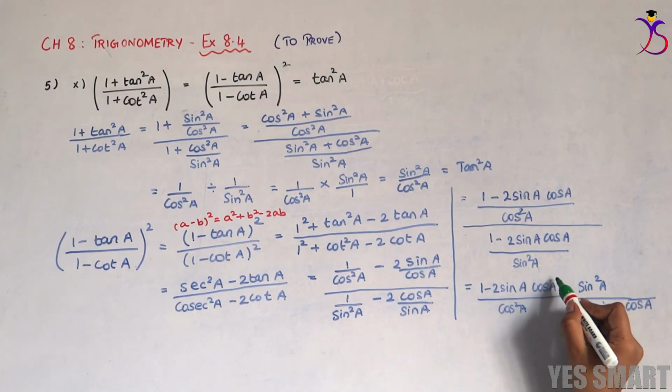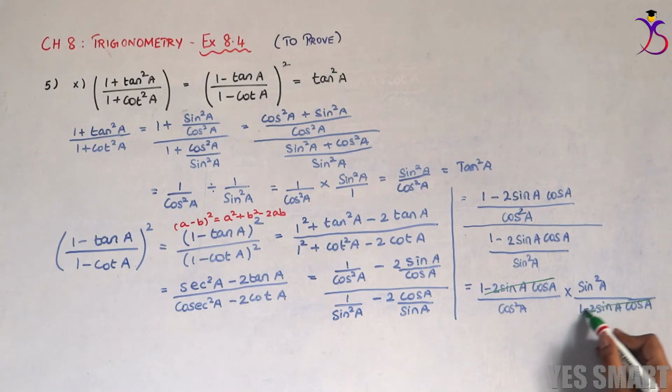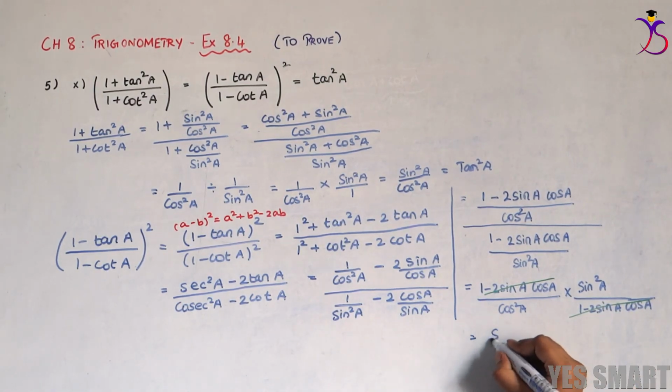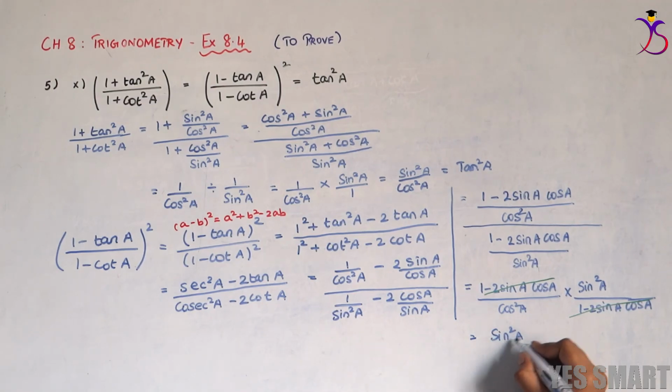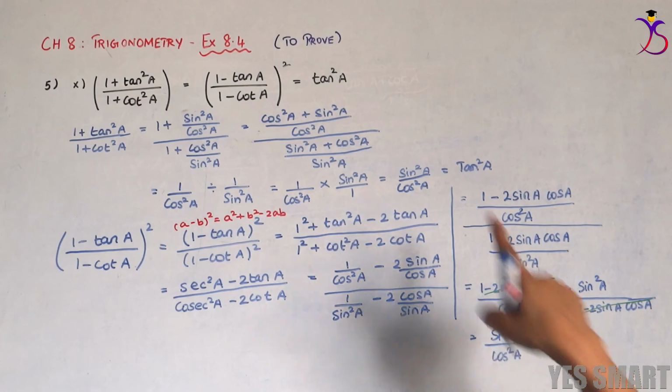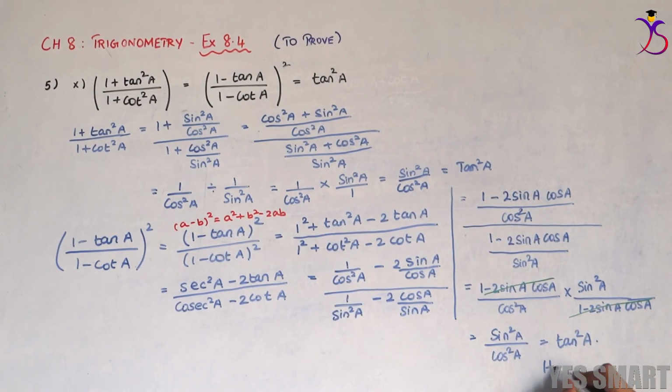Now the numerator and the denominator get cancelled because it is the same term. So on further multiplication we will have sin square A by cos square A, which is tan square A. That is the RHS. Hence we have taken the second term and proved it. Hence proved. With this we are completing this exercise.